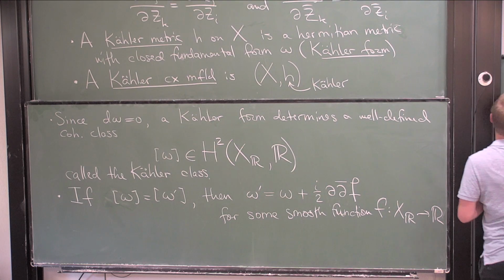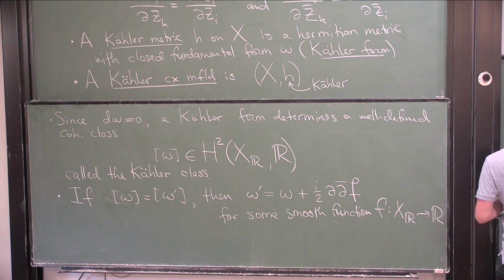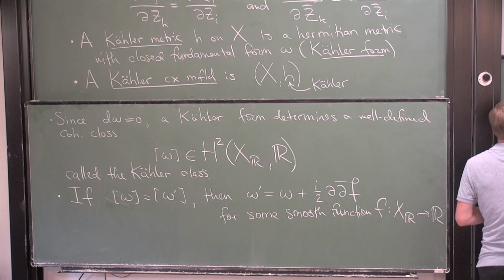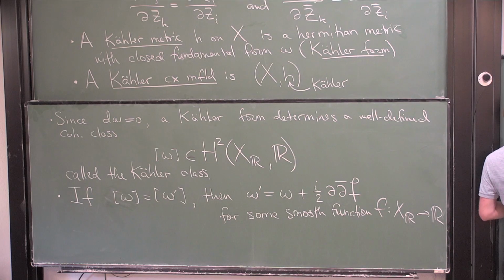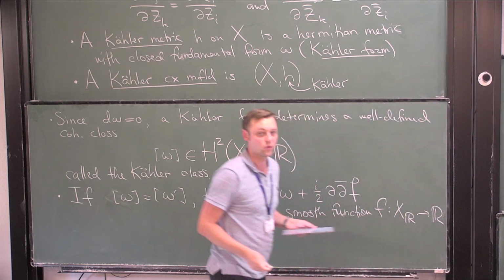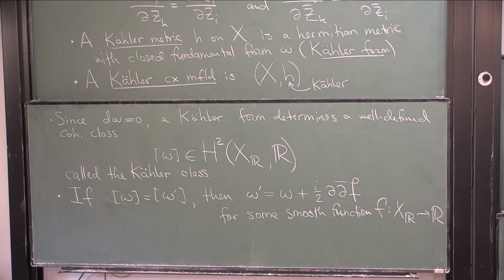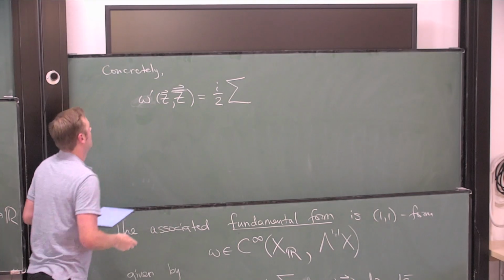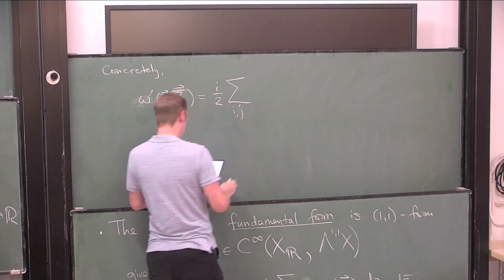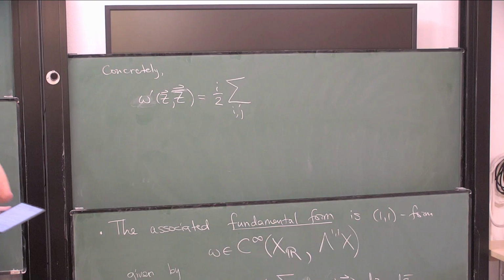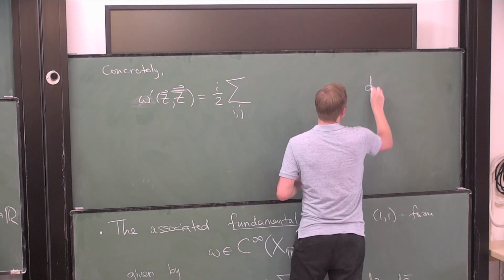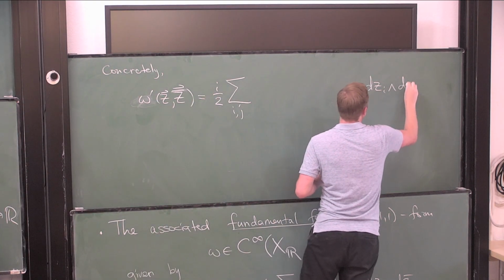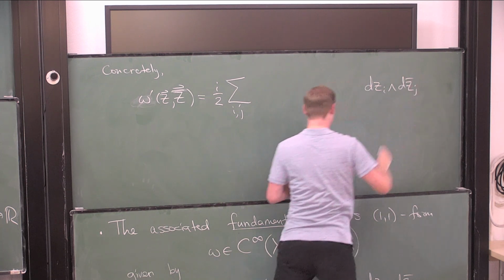So concretely, if I write this Kähler form omega prime in my coordinates z, z bar, then just as before, I have a sum over these elements dz_i wedge dz_j bar.